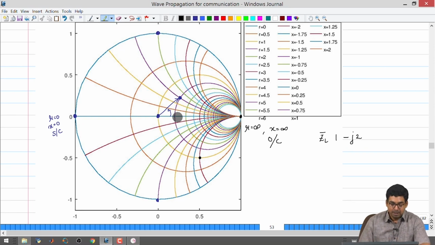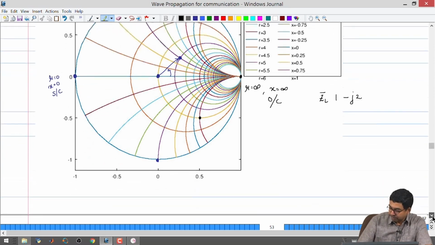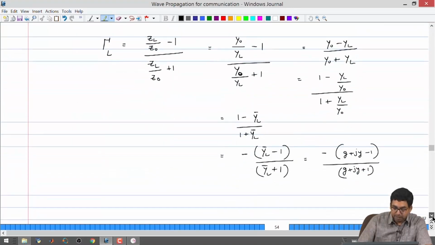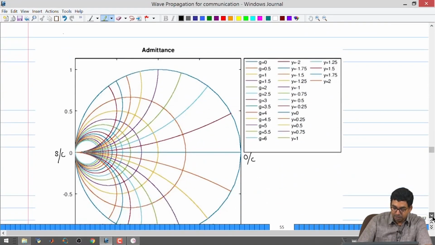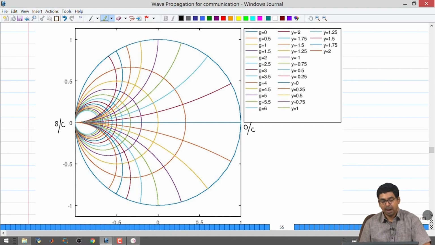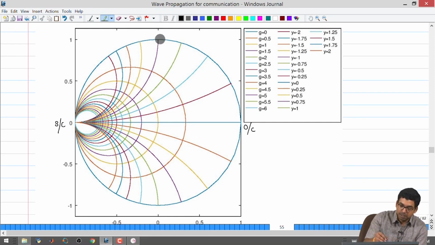The admittance Smith chart, what we had seen was by taking the reflection coefficient in terms of load admittance and writing a formula for the reflection coefficient, we generated these circles. The outermost circle corresponds to G equal to 0, or the conductance equal to 0, and the imaginary part, which is the susceptance, is varied from negative to positive, and you end up getting a circle of constant conductance.